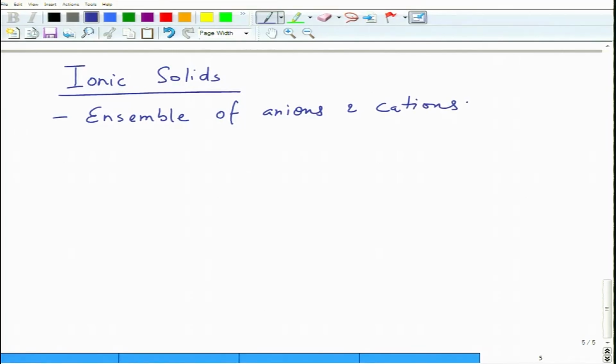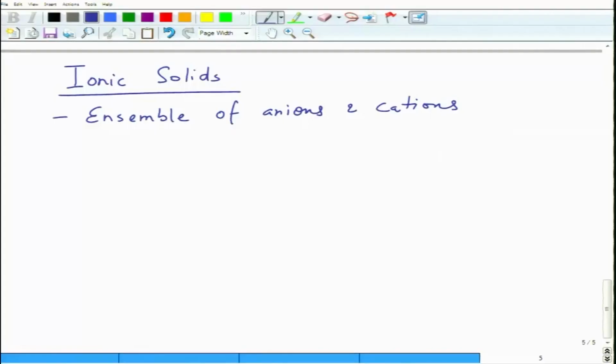So as a result, electrostatics or electrical neutrality and balance of forces requires you to follow certain guidelines, and there are some obvious things like you cannot put two cations together because there will be substantial repulsion. You cannot put similarly two anions together because there will be substantial repulsion. So there are certain guidelines which must be followed to build these structures. What are these guidelines? We call them rules or guidelines, and they are called Pauling's rules.